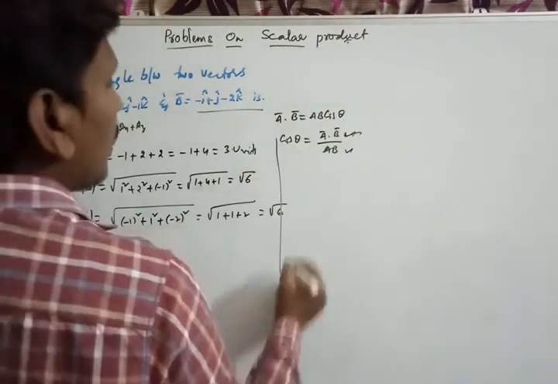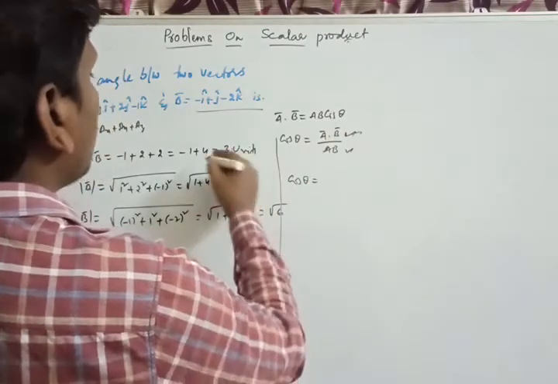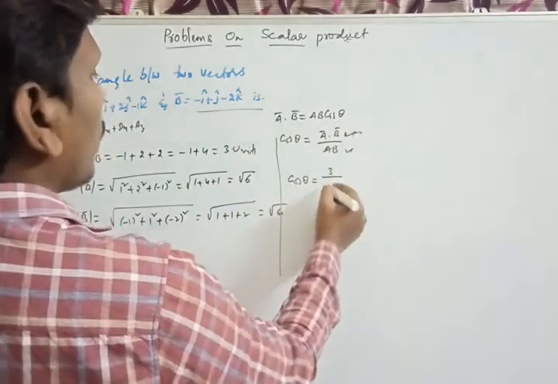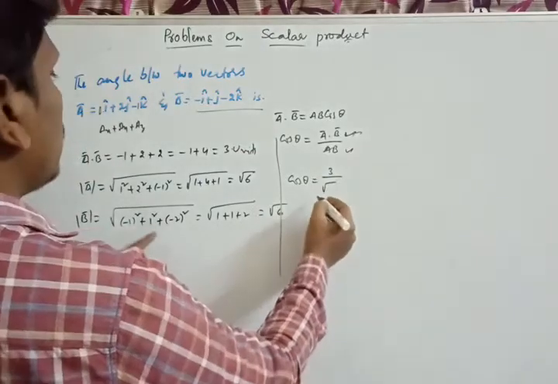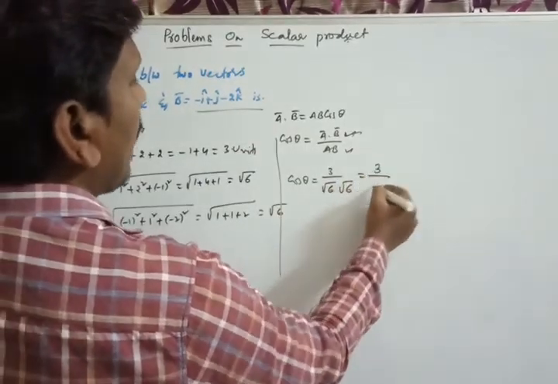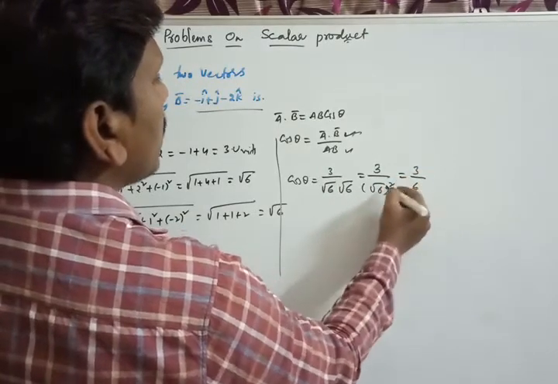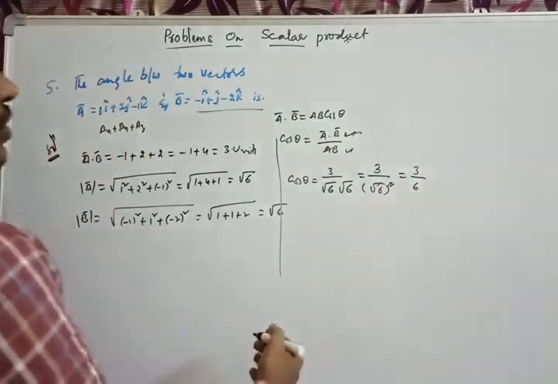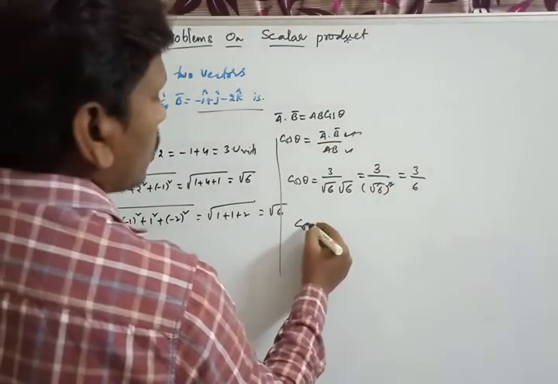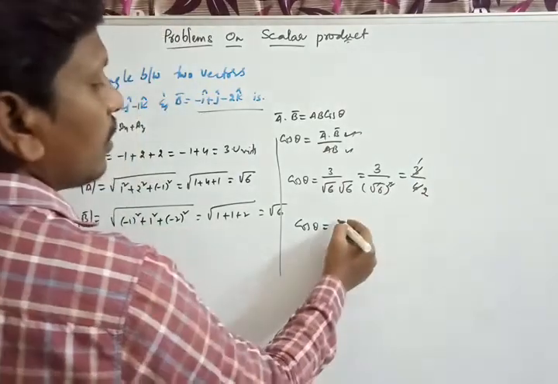Now we can simply find the answer: cos theta is equal to A bar dot B bar, that is 3, over root 6 times root 6. So 3 by 6, because the square roots cancel. Cos theta is equal to 1 by 2.